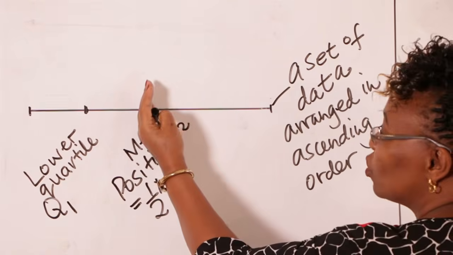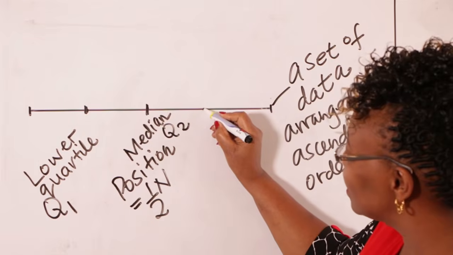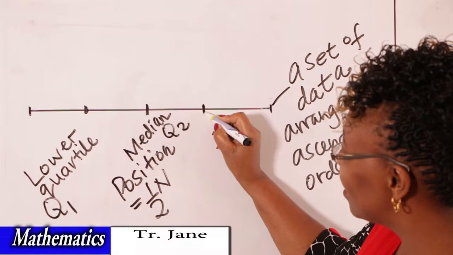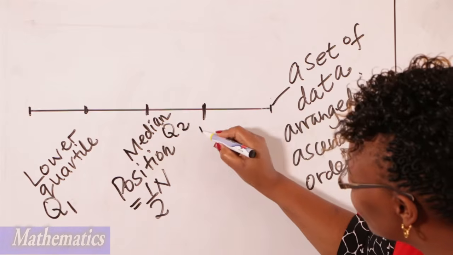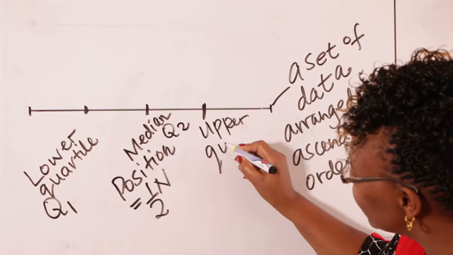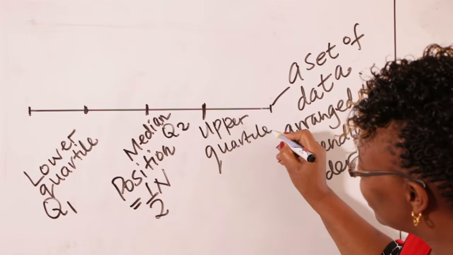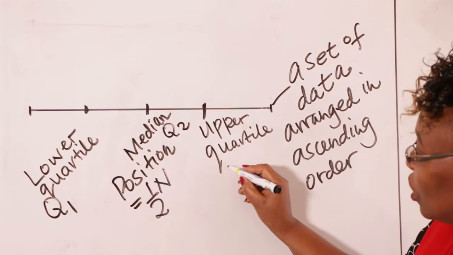Lana, if you go to the upper part, and again you identify the value at the middle, this value is referred to as the upper quartile, and it is abbreviated as what?